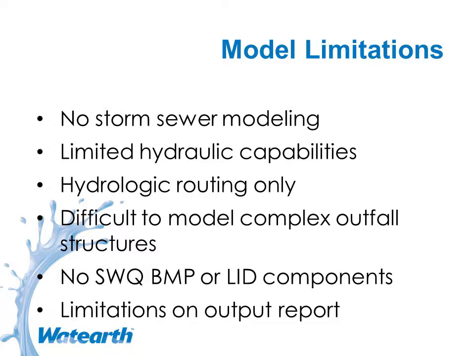If you have complex outfall structures, those are more difficult to model in HEC-HMS. And the water quality components don't really include stormwater BMPs. But for a hydrology model, it's a really good model, and it accomplishes what needs to be accomplished hydrology-wise.